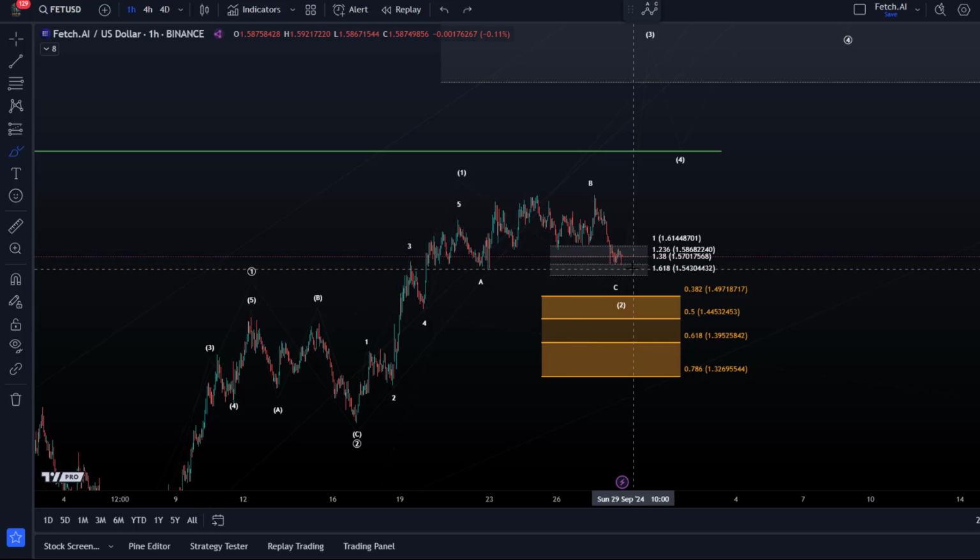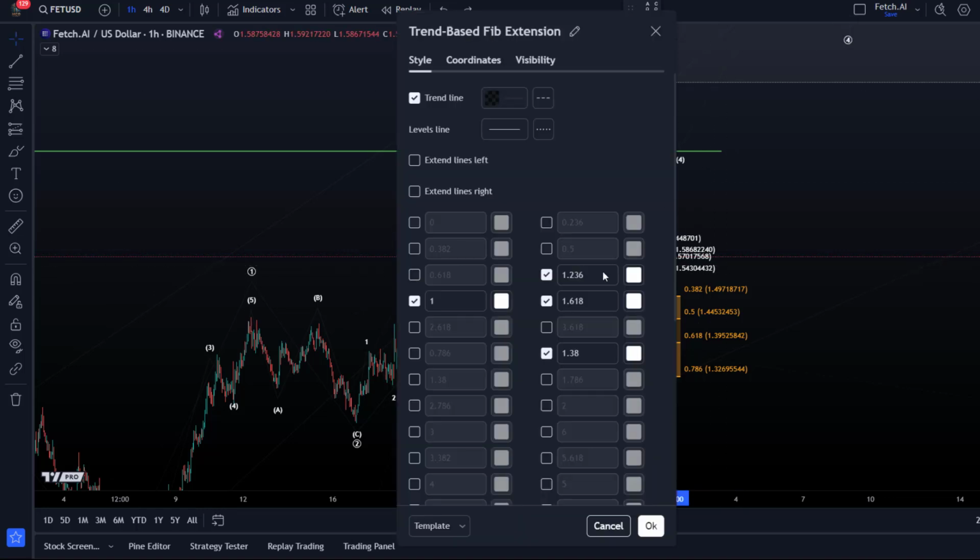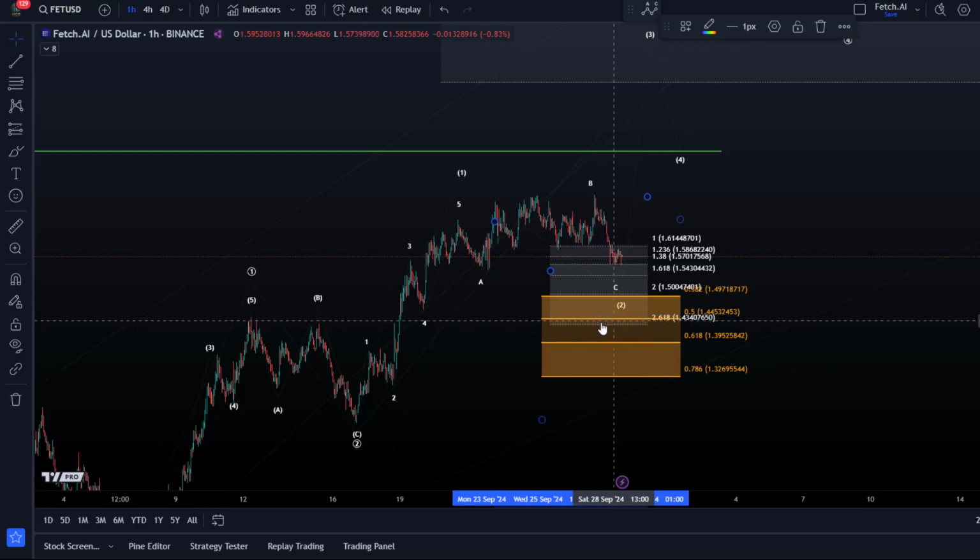It can, but it's rare that it extends significantly. And even if I activate, let's say, the 200% or even the 2.618 extension, that is a really extended C wave. That does happen. It is still rare, but even then it would only point to $1.43.